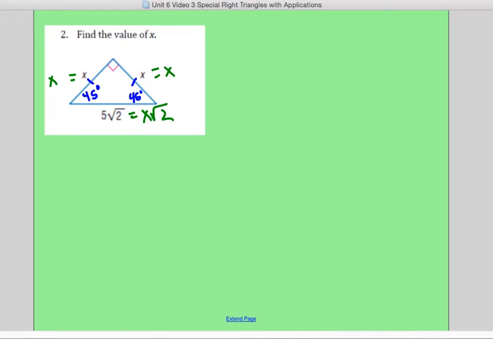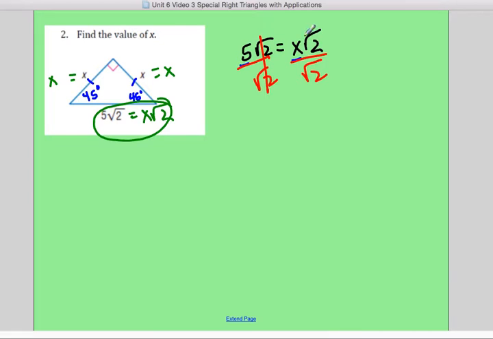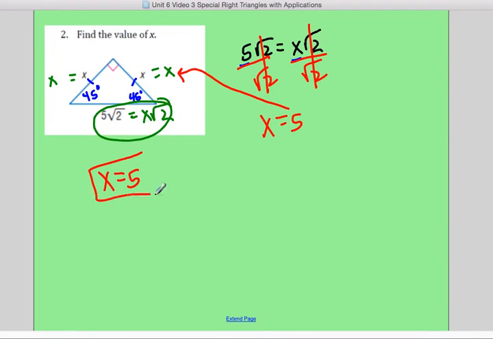I always look at the information that was given right here and use that, so I have 5 square root of 2 is equal to x square root of 2. Some of you can clearly see, oh my gosh, obviously x is 5. Maybe you can't see that, so we solve for x. The way I would solve for x is divide by square root of 2. So x is equal to 5. It means this x is 5, which means my final answer is 5. That is example 2.